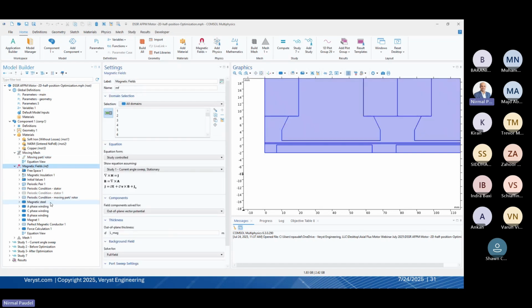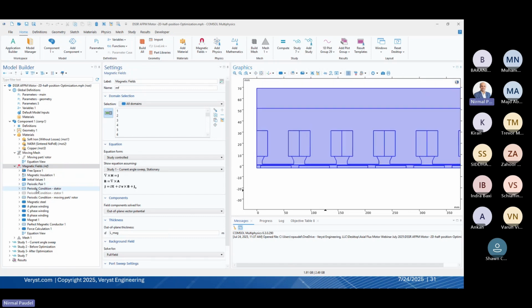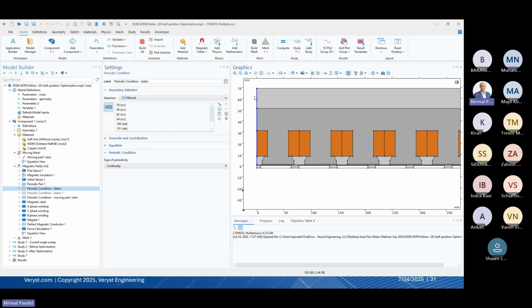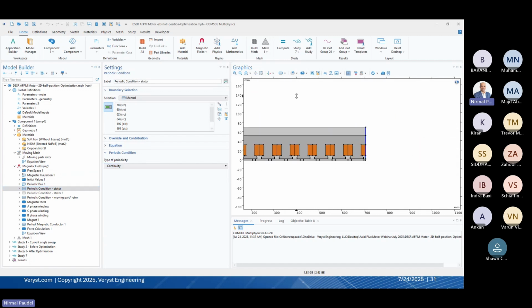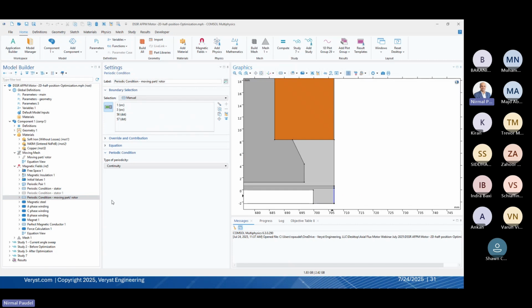On the magnetic field physics, we have periodic conditions applied, which is a continuity on this end and also on this end. And we apply a periodic condition for the moving part. Same thing on the other side.